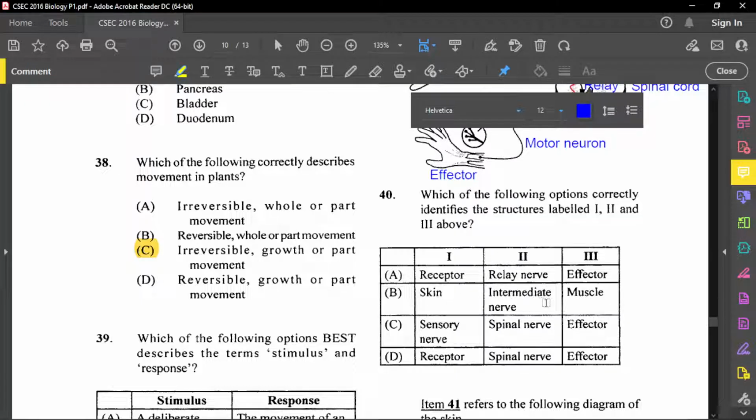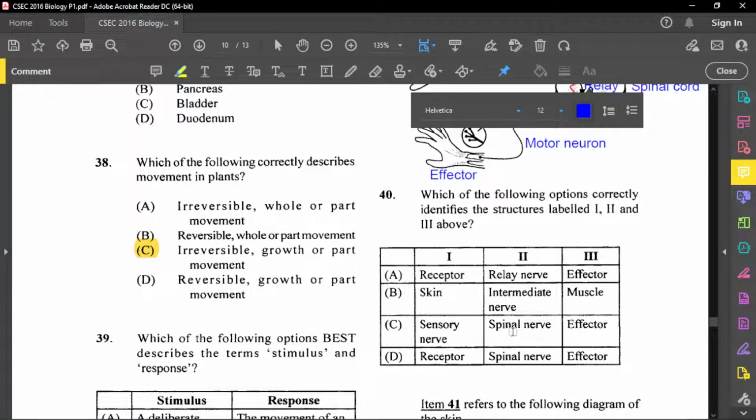Skin, intermediate is the same as relay, so that is definitely wrong for 2. All right, a spinal nerve now. So we know that A and B are incorrect because of relay nerve or intermediate nerve, because 2 is not pointing to that. It's actually the tip of the sensory.